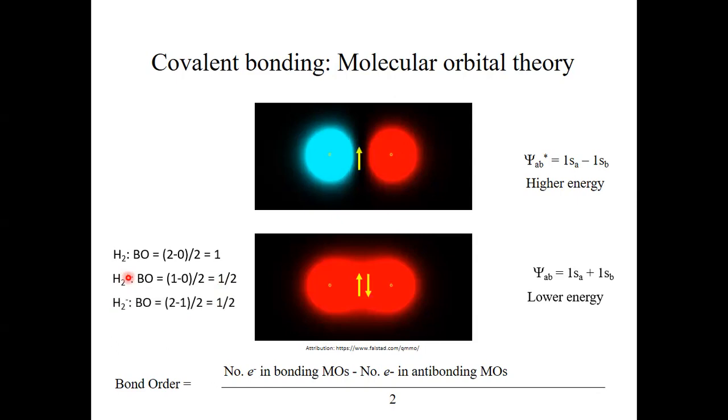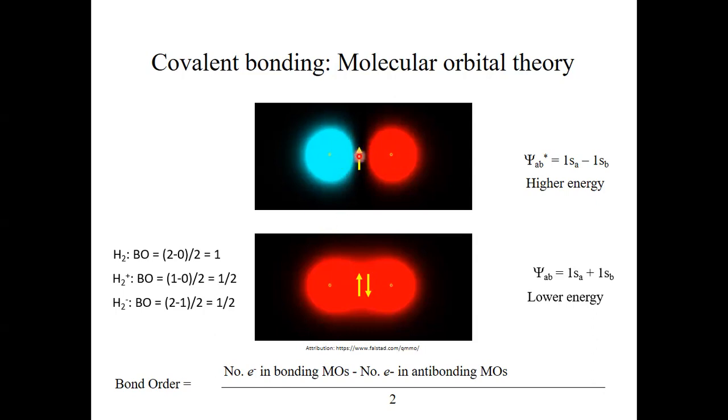So we can further ask, well, if we have an H2- ion, then we would have 3 electrons available. So now 2 of them could still go into the bonding molecular orbital that has a lower energy, but the third one, because of the Pauli principle, which applies to molecular orbital theory as it applies to atomic theory, would need to be filled into the antibonding orbital. So now we do not only have bonding electrons, but also antibonding electrons.